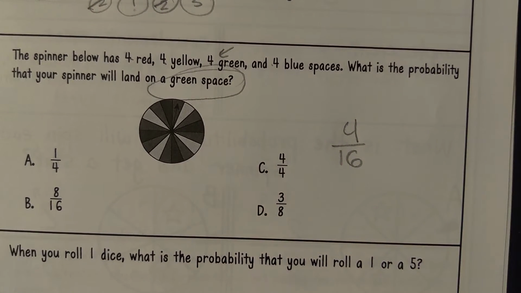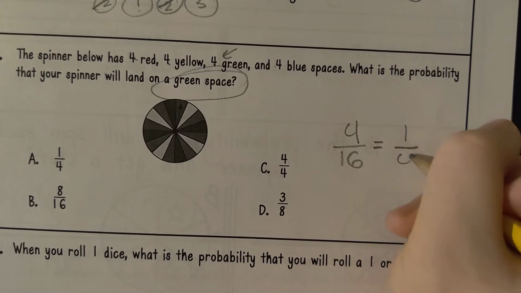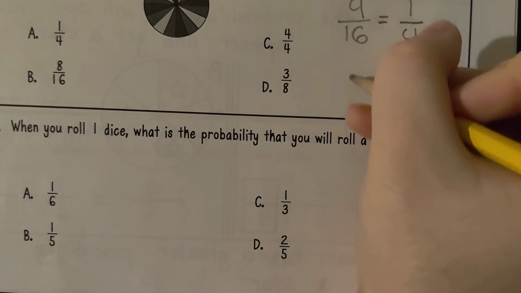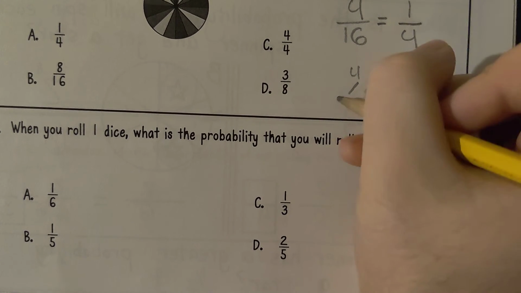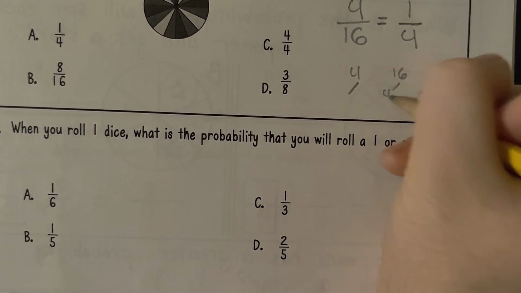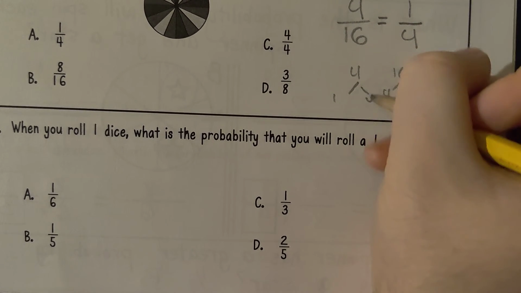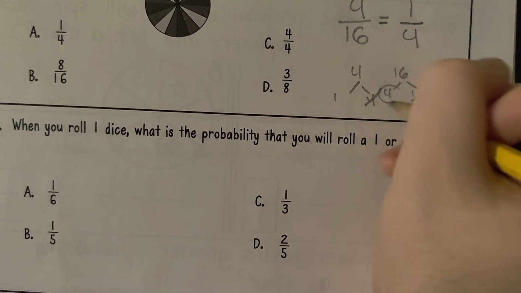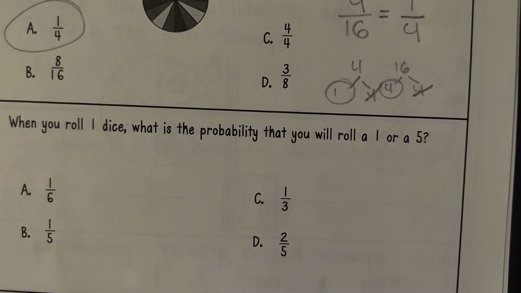So that's 4 out of 16, which will equal 1/4. If you're still not comfortable with that, you can write 4 and 16. We know 16 is 4 times 4. 4 is 1 times 4. You see the 4 on both of these. Cancel them out. We have 1 and 4, which is 1/4.